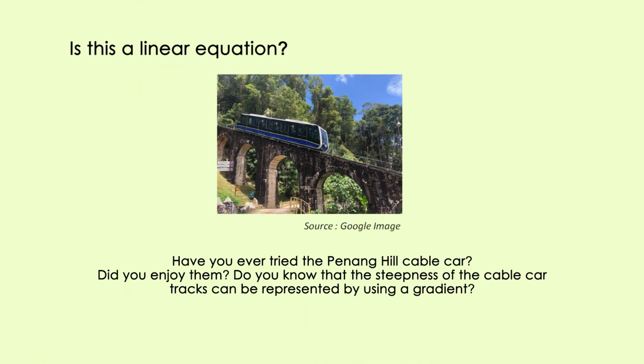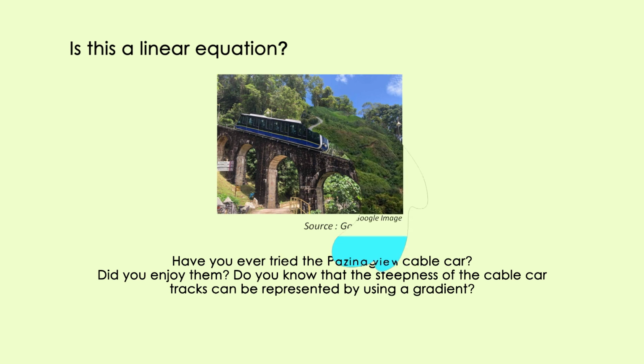Now, where have you seen the application of gradient in your real-life situations? Can you recognize any one of it? Let's see. Have you ever tried the Penang Hill cable car? Do you enjoy them? Do you know that the steepness of the cable car tracks can be represented using gradient?